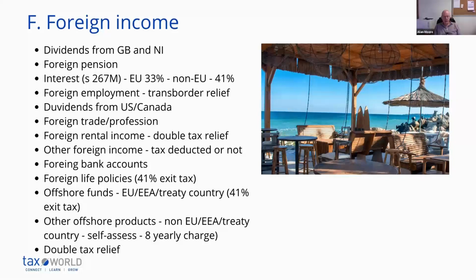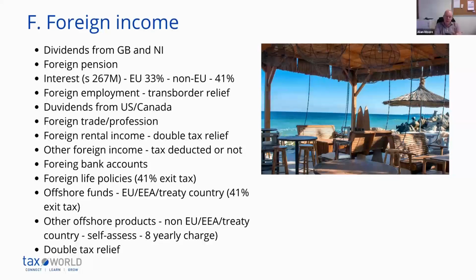And then we get into these various types of exit taxes. There's a 41% exit tax, which is an income tax on disposal of foreign life policies. Similarly, on gains made with offshore funds within the EU and tax treaty countries. And then other offshore products which are outside the EU and treaty countries, there's a similar 41% liability on a self-assessment basis.